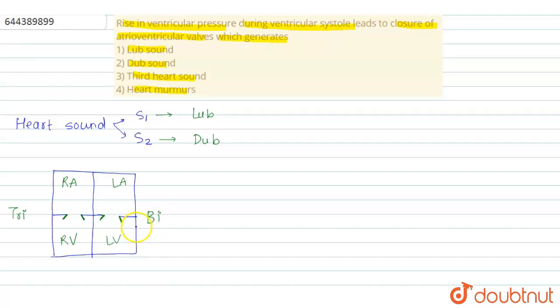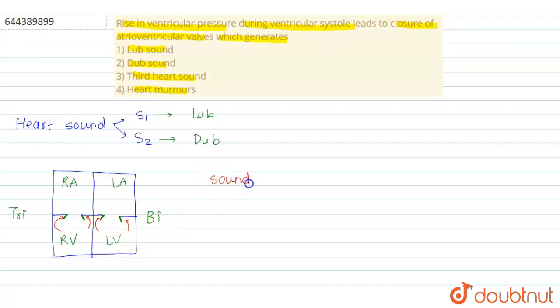Now what is happening is, as the ventricular pressure is increasing, this ventricular pressure is forcing these valves to close. And as these valves close, there will be a sound produced.